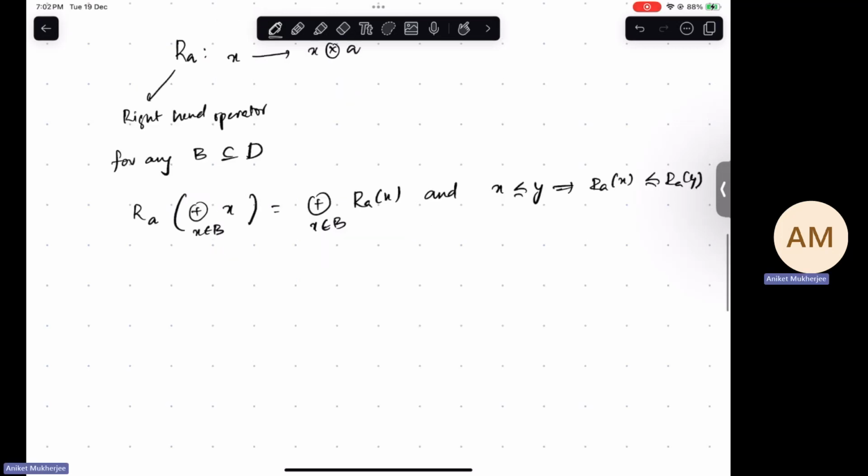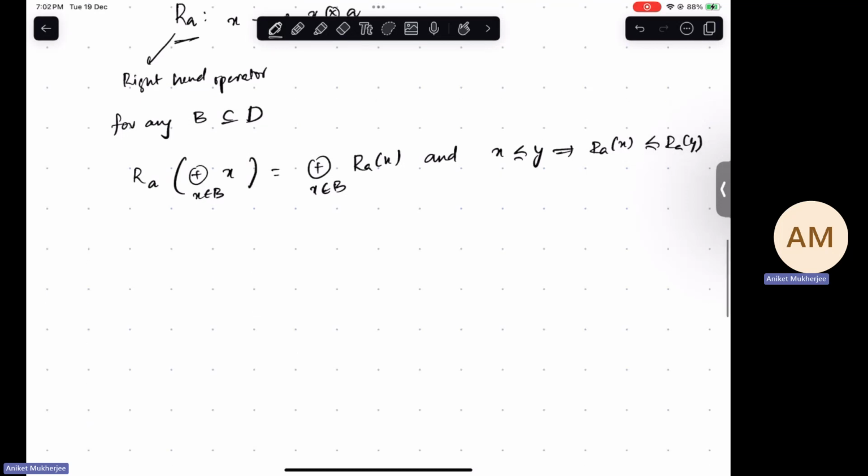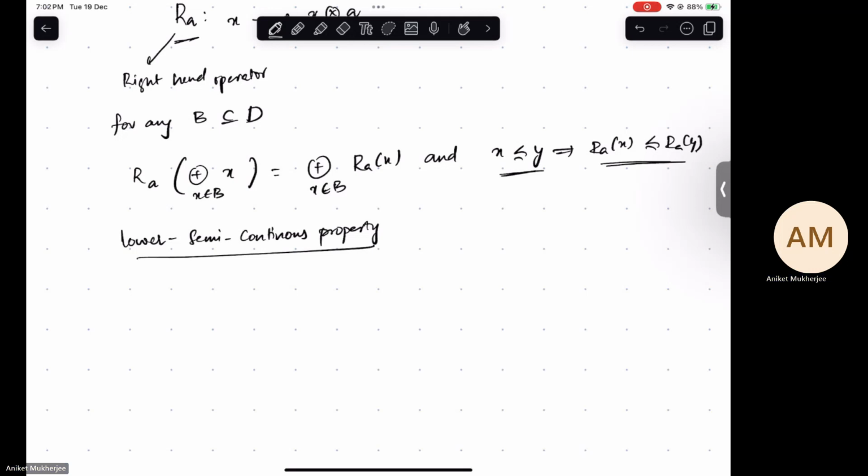Since this is a mapping or a function, any function that satisfies this property we'll call a lower semi-continuous mapping. Basically x less than or equal to y implies f of x is less than or equal to f of y.